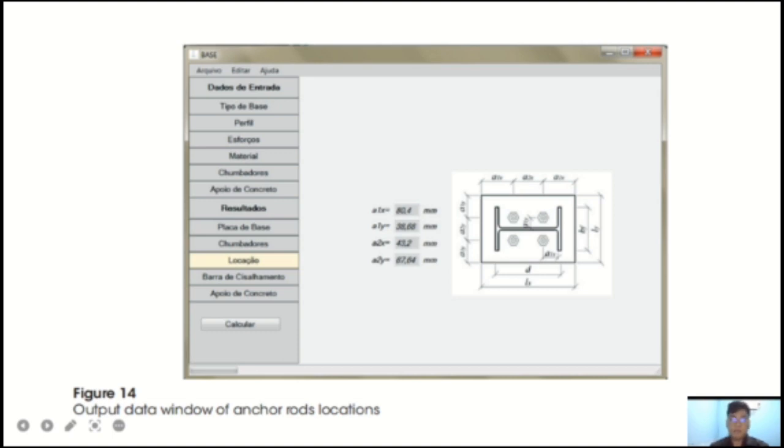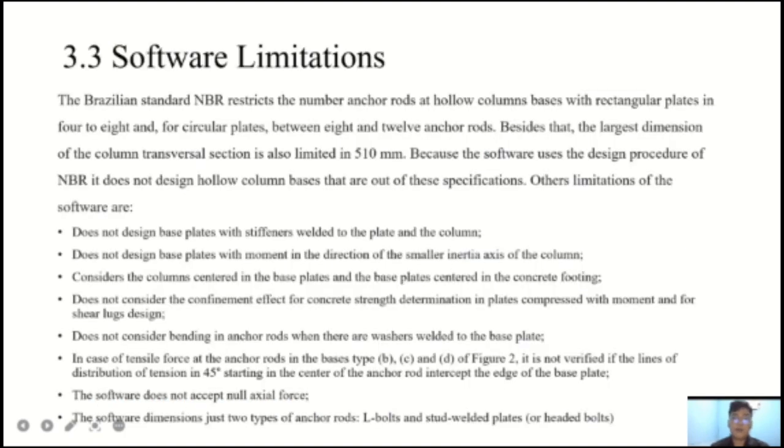So next, 3.3 Software Limitation. The Brazilian standard NBR restricts the number of anchor rods at hollow column bases with rectangular plates to 4 to 8, and for circular plates between 8 and 12 anchor rods.